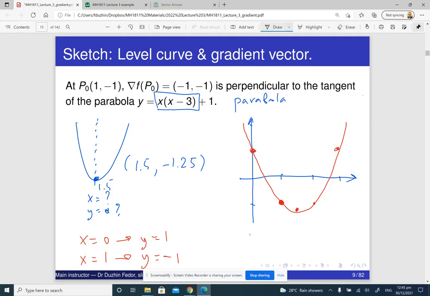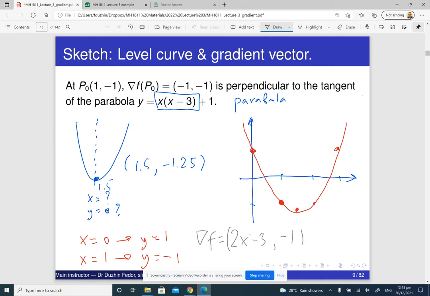So let's compute the gradient vector. Nabla f is, first I differentiate with respect to x, and this is going to be 2x minus 3. Now I differentiate with respect to y, and the derivative with respect to y is negative 1.